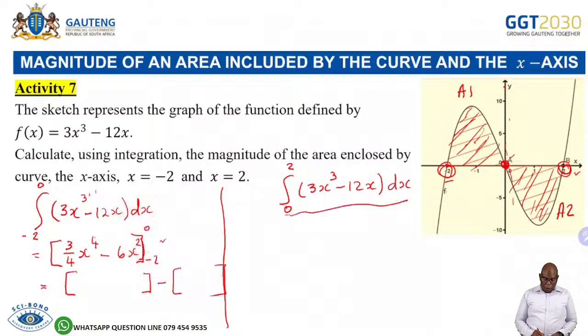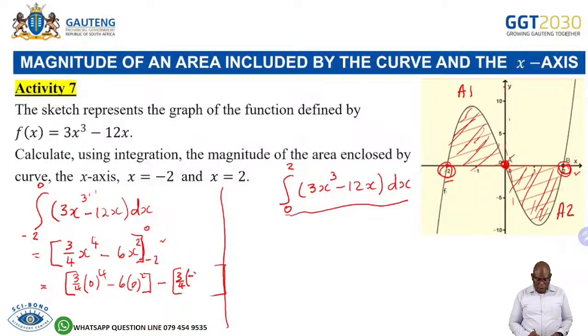If I substitute by 0, I'm going to get 3 over 4 substituted by 0, and then I substitute that one by 0. Then this side I'm going to substitute by negative 2. So I'm going to have 3 over 4, substitute that by negative 2 to the power 4, minus 6 into 2 squared.